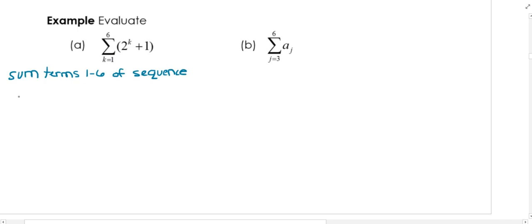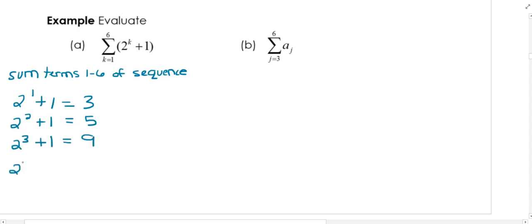So we do this. 2 to the first plus 1 will give us 3. 2 squared plus 1, that's 4 plus 1, 5. 2 cubed is 8 plus 1, that'll give us 9. 2 to the fourth is 16 plus 1 will give us 17. 2 to the fifth is 32 plus 1 will give us 33, and 2 to the sixth should be 64.